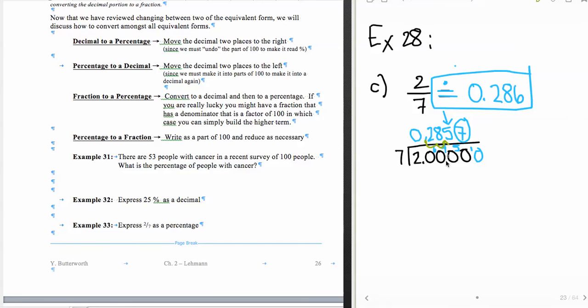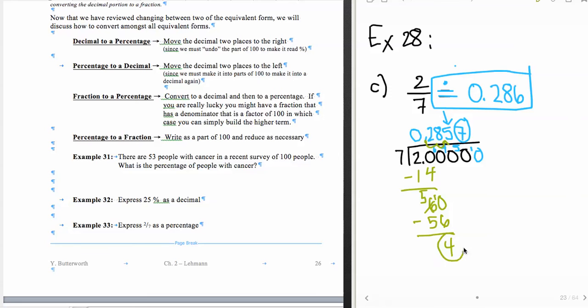So whatever the leftover amount was, we're going to put that as a fraction. 7 will go into 20 2 times, which is 14, and we subtracted those, and that was 60. And then 7 will go into 60 8 times, and that's what gave us the 56. Then we subtracted there, and so we got 4.